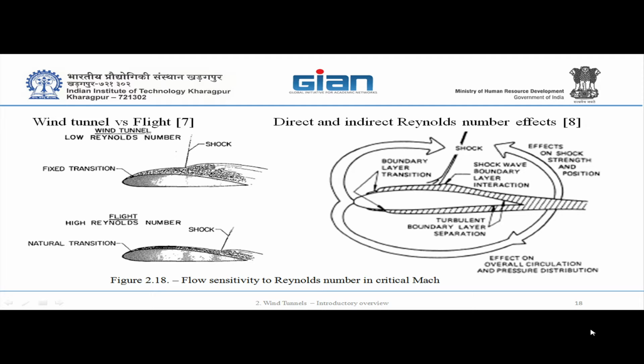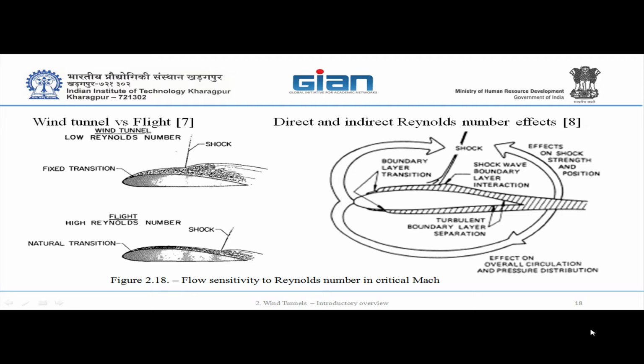And as we said, when we have a boundary layer, there is practically a displacement of the body by the displacement thickness. So the actual body, as felt by the flow, is thicker, so it accelerates the upper flow more, and then because of that you get a shock wave ahead of where it would be in full scale.